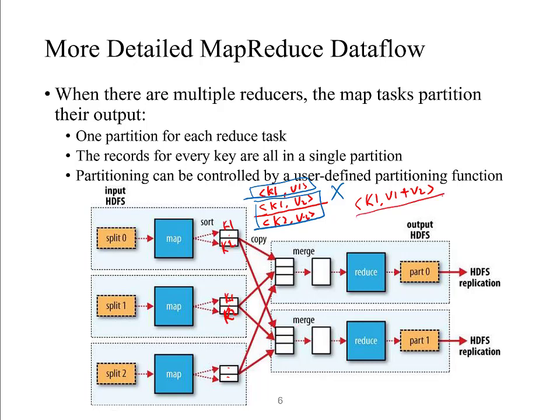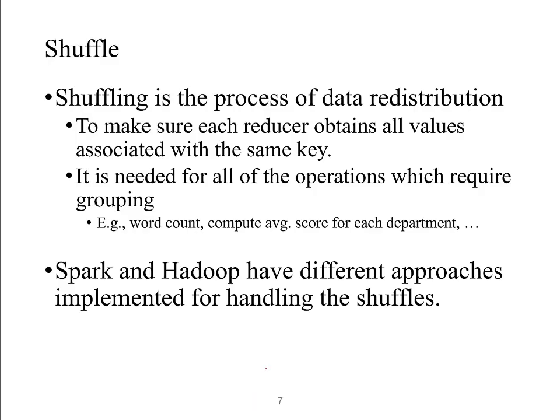Right. And this partition from mappers to reducers here is also called a shuffle. So shuffle is the process of data redistribution, and is a very important component of MapReduce.